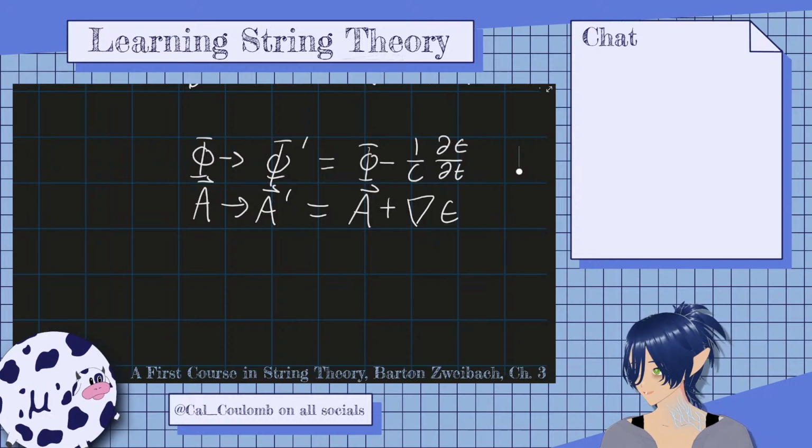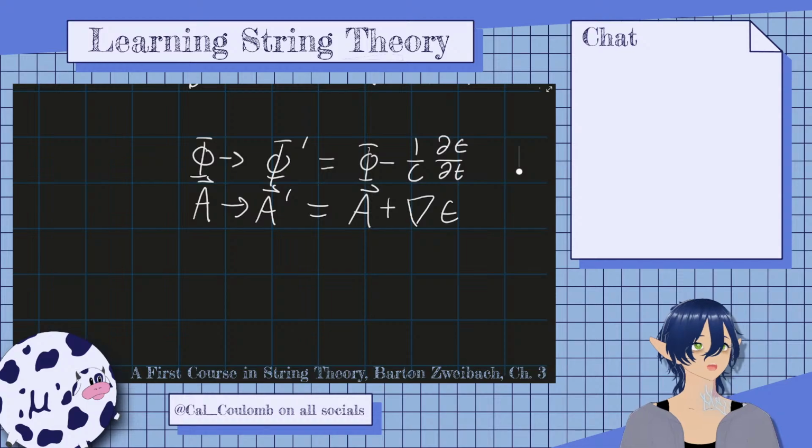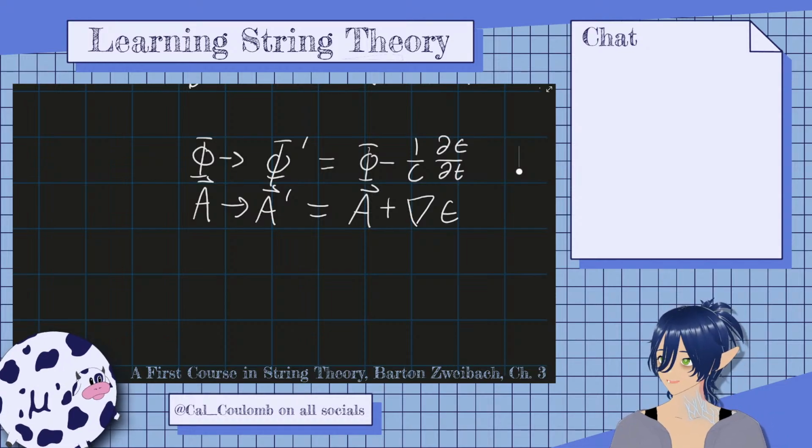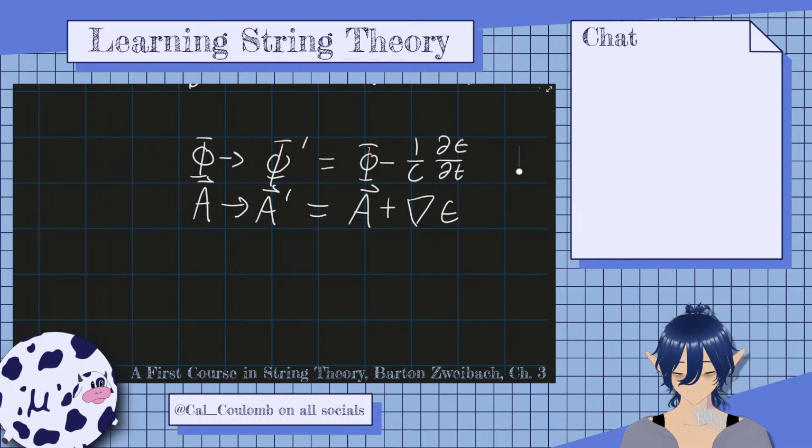Okay, I think I need to think about that one for a second, kind of break that down. So it's saying that you don't necessarily have to have a gauge transformation that is valid for the entire manifold.